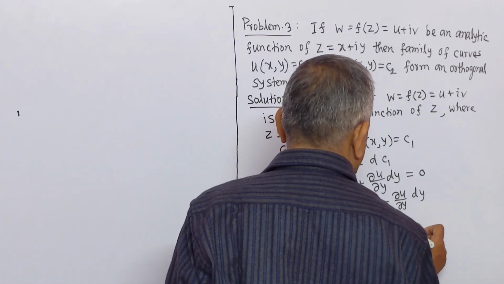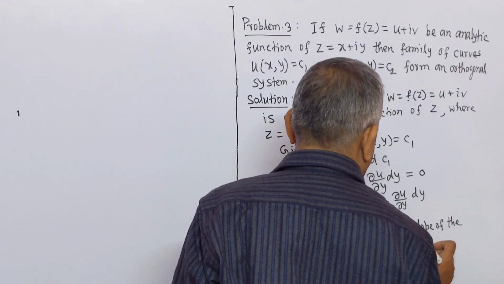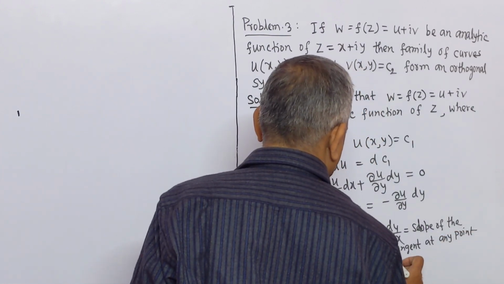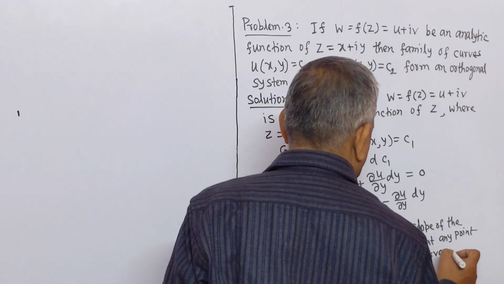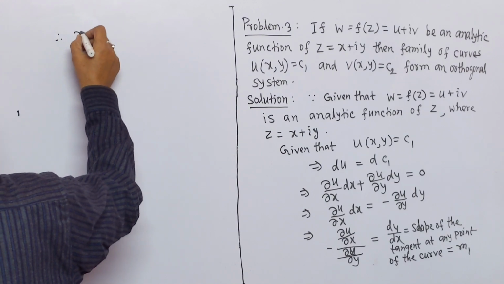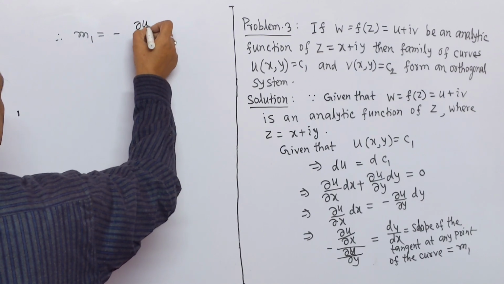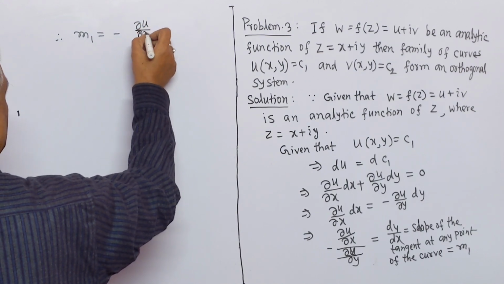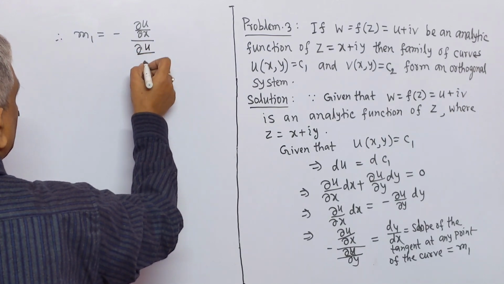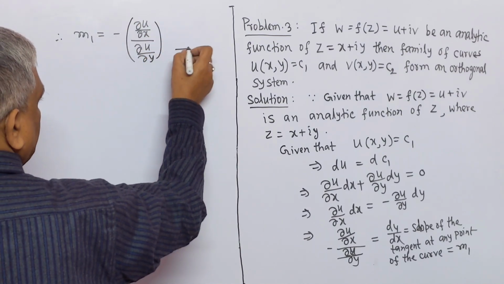This is slope of the tangent at any point of the curve. Let this be m1. Therefore, m1 equal to minus partial derivative of u with respect to x by partial derivative of u with respect to y. Let this be number 1.